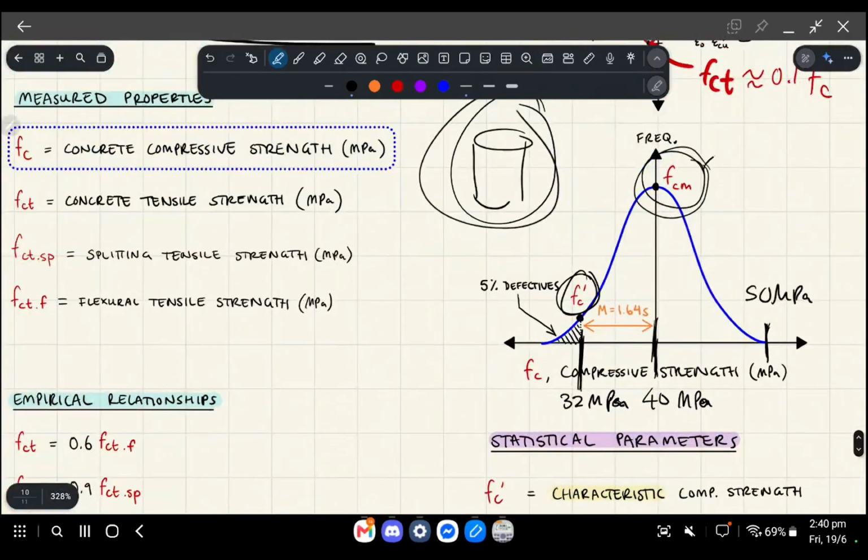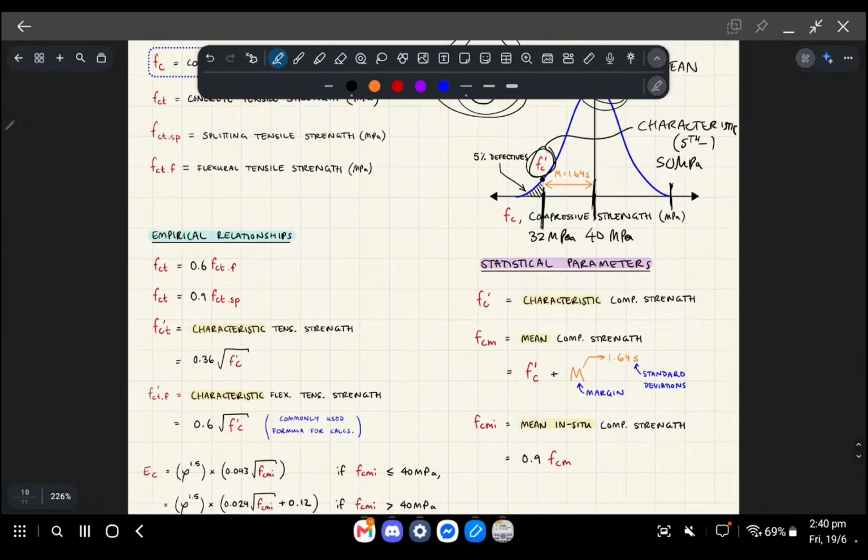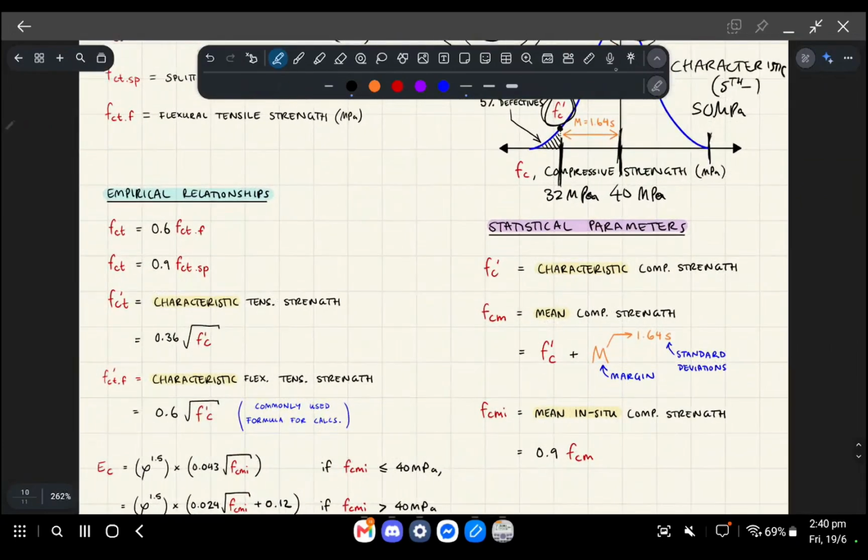So that's the middle of this bell curve, your mean compressive strength. f'c is your characteristic, sometimes called the fifth percentile. And then, yeah, that's pretty much it. Okay, those ones you should get familiar with. I think I've written them here. So that's the characteristic, that's the mean.